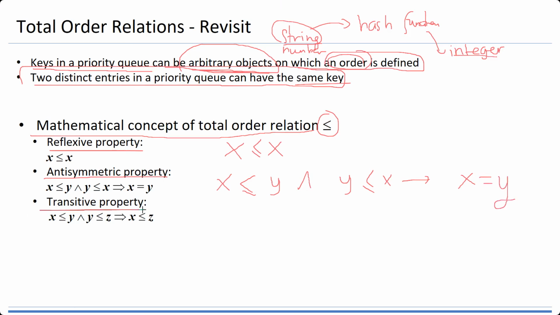And the transitive property means if x is less than or equal to y and y is less than or equal to z, then x is less than or equal to z.